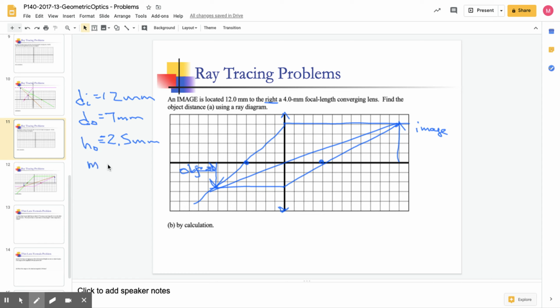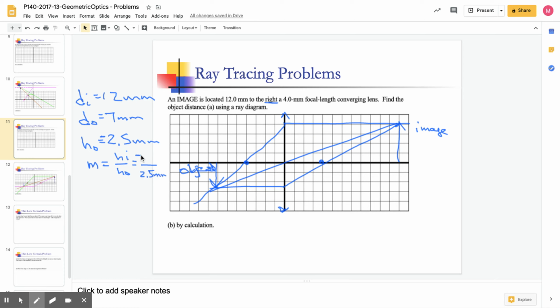So that tells me my magnification, I can either do di over d0, or I can do hi over h0. I always do it relative to my object. In this case, my object is erect, so I'm going to say that that's equal to 2.5.